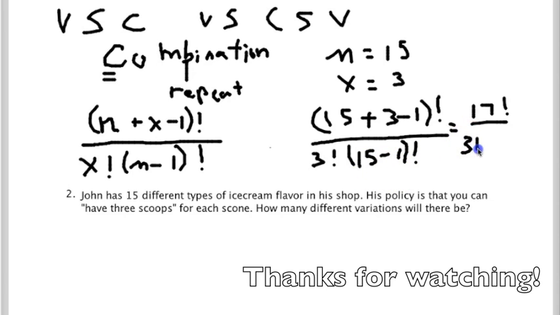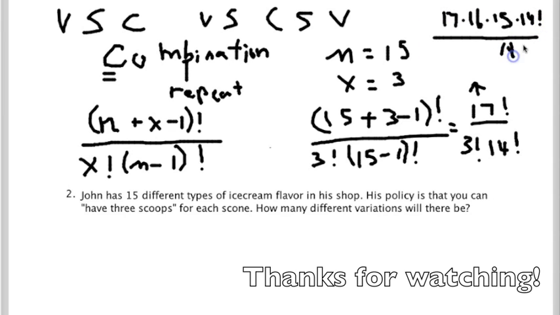So this we can actually simplify to 17 times 16 times 15, because the 14 factorial cancels with the 14 factorial up here, leaving 14 factorial times 3 factorial, which is 3 times 2 times 1. So our answer should just be 17 times 16 times 15 over 3 times 2 times 1.